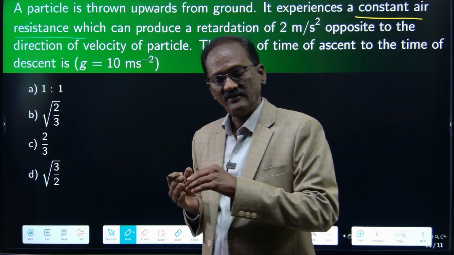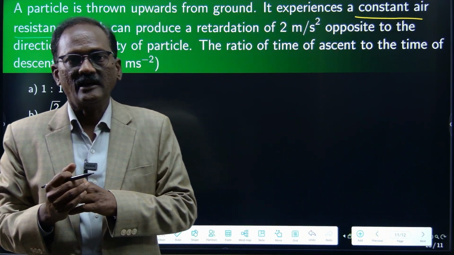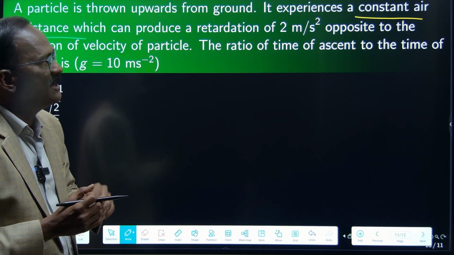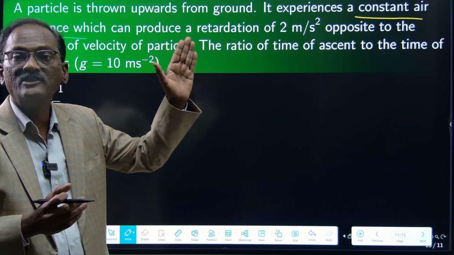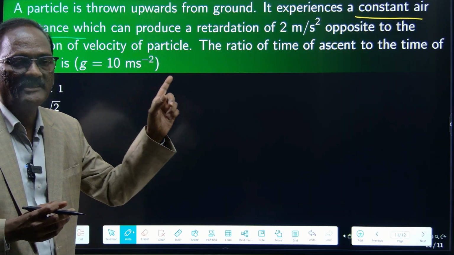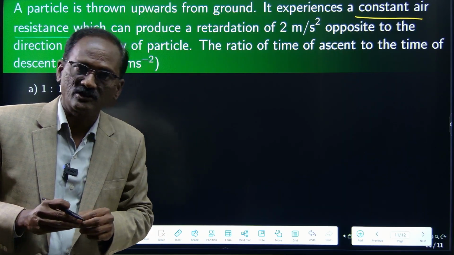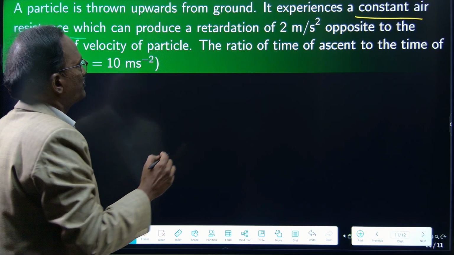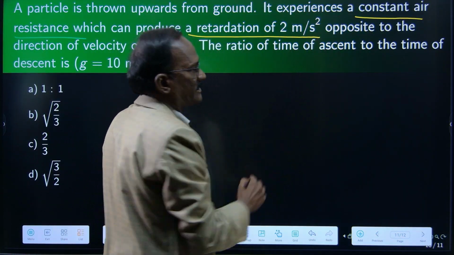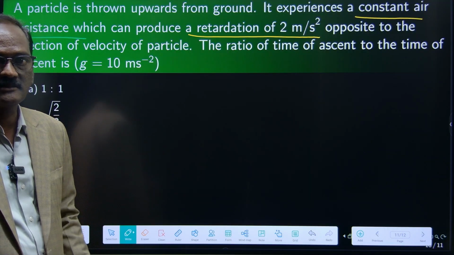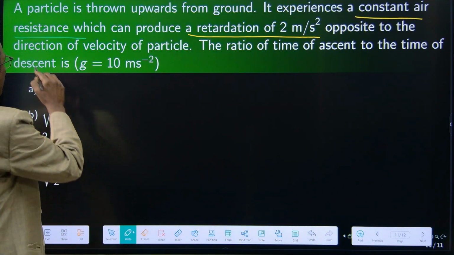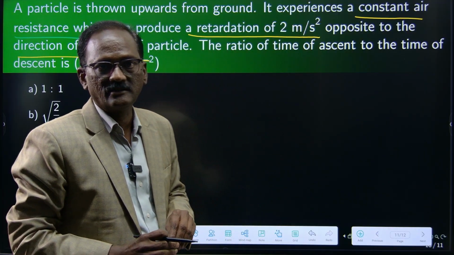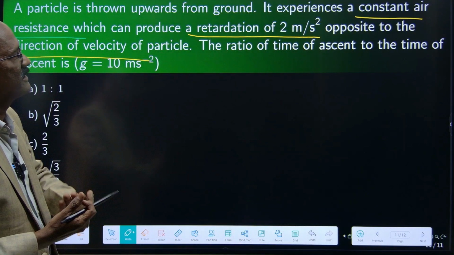In fact, in class 11 physics, air friction or air resistance is neglected to apply Newton's law, unless such values are given in the data. If it is given, you shouldn't ignore it, you must consider that value. Constant air resistance can produce a retardation. Retardation is negative acceleration, acting opposite to the direction of velocity. That information is also given.